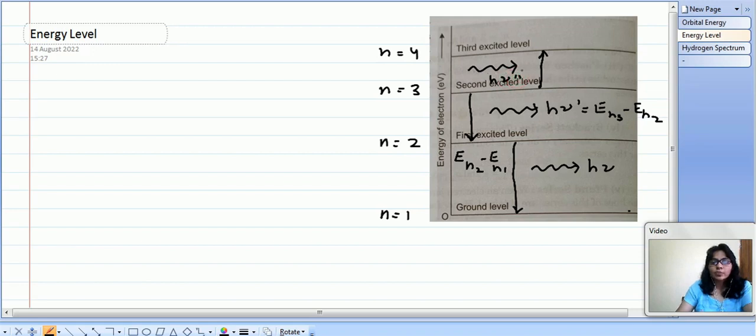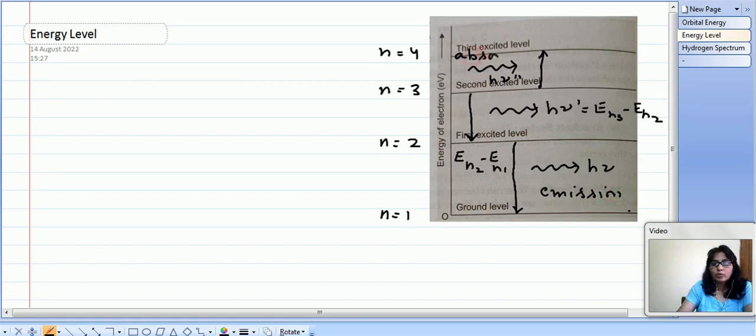In this way absorption occurs in the atom, and in this way when an electron comes from a higher energy level to a lower energy level, it emits a photon. So this is the reason for the emission, and this is absorption.